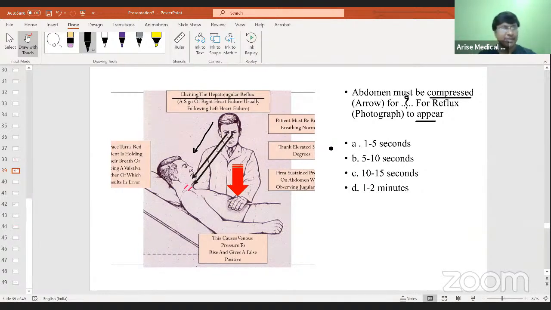Remember, what is this? This is nothing but the hepatojugular reflex.